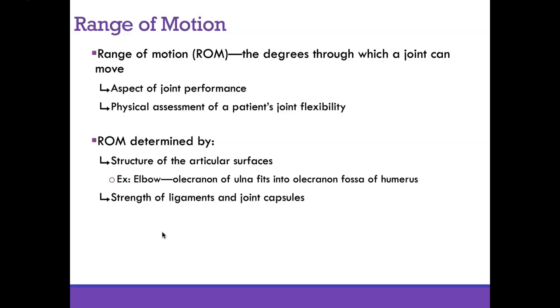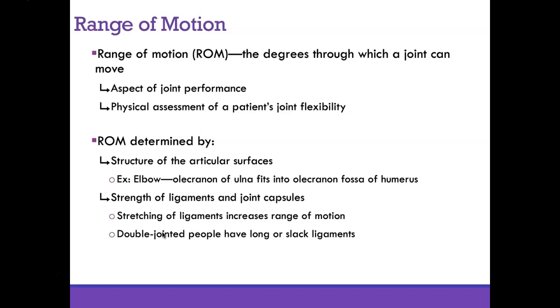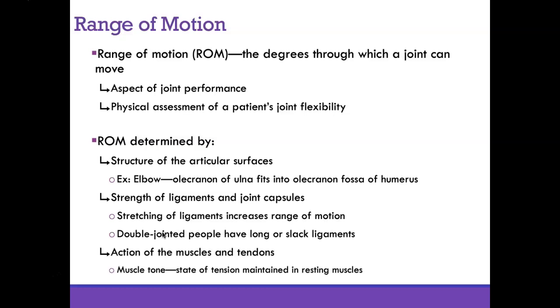Range of motion is also determined by the strength of the ligaments and the joint capsules themselves. So some people who have longer ligaments are falsely called double jointed. They still have the same amount of joints, but they have an increased range of motion because they have stretchier or longer ligaments.